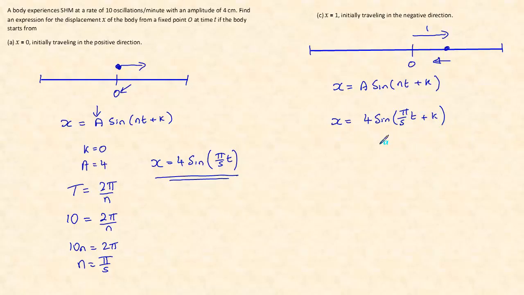Now if we were to differentiate that, the velocity would be 4 pi by 5 cos pi by 5 t plus a constant.